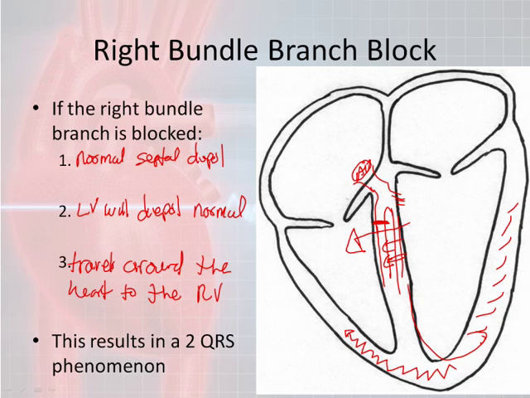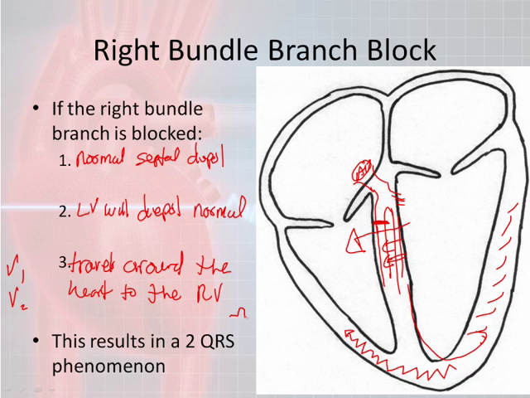Now what that does is, if you look at the QRS complex, and primarily you're going to look at V1 and V2 to determine right versus left bundle branch block. What's going to happen is, in V1, you're going to have something called a 2 QRS phenomenon.